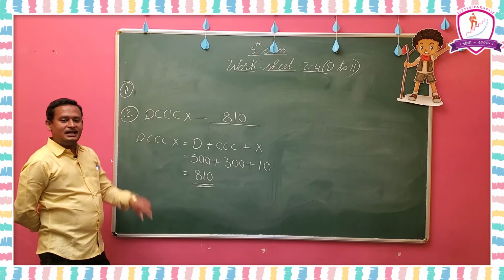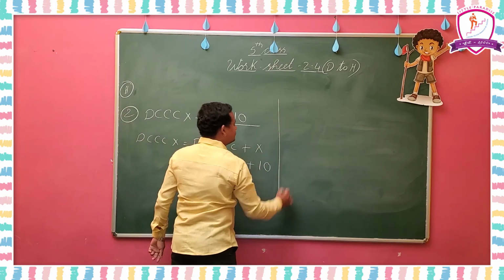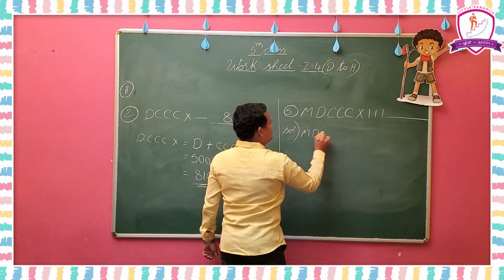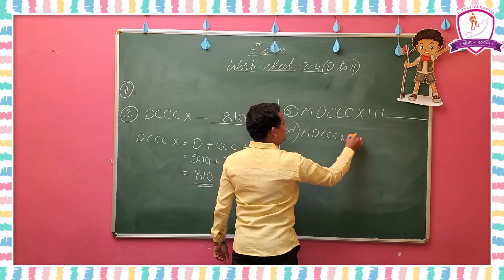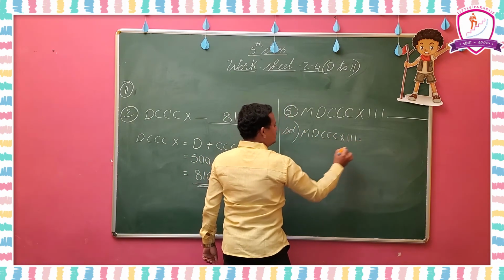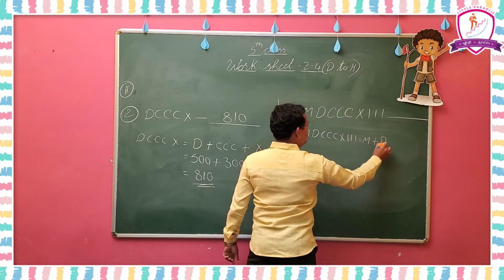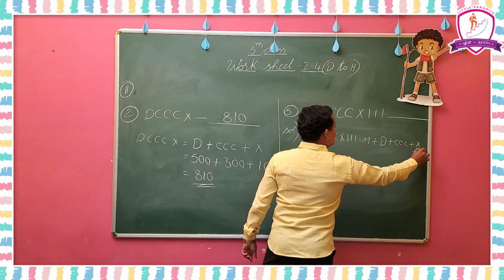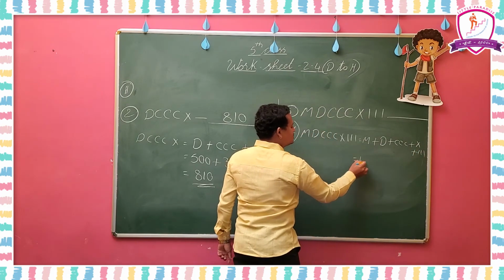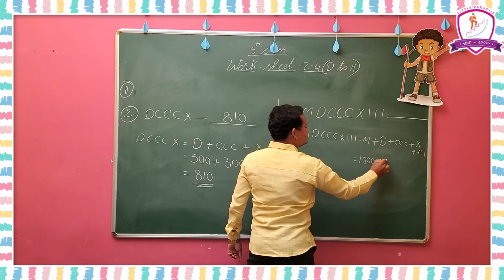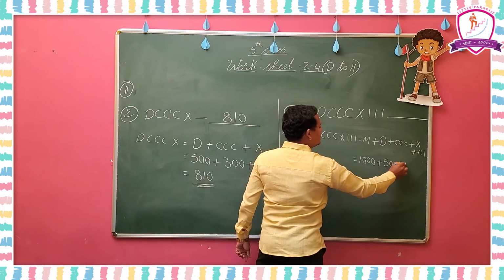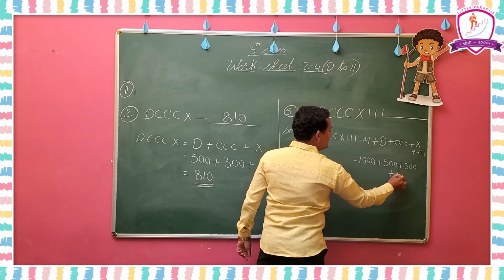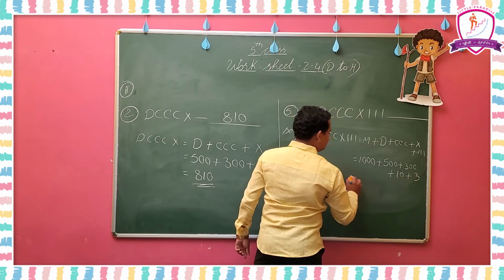Okay. Now I am going to explain the fifth one here. In the fifth one, you can write M D C C C X I I I. So you can write M plus D plus C plus X plus I. M means 1000, plus D means 500, plus 3 C's means 300, plus X means 10, 3 I's means 3.